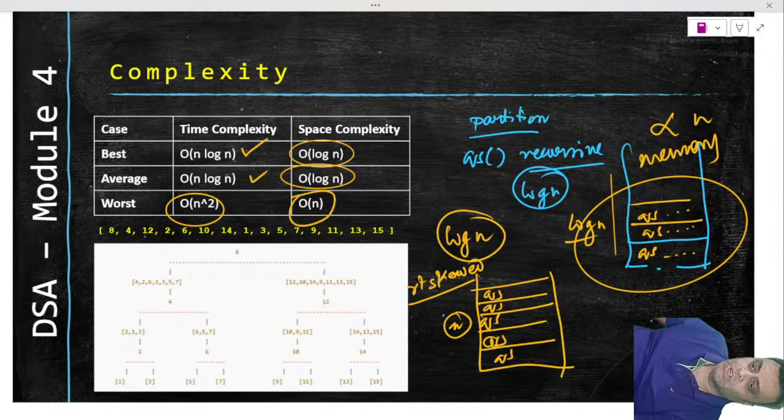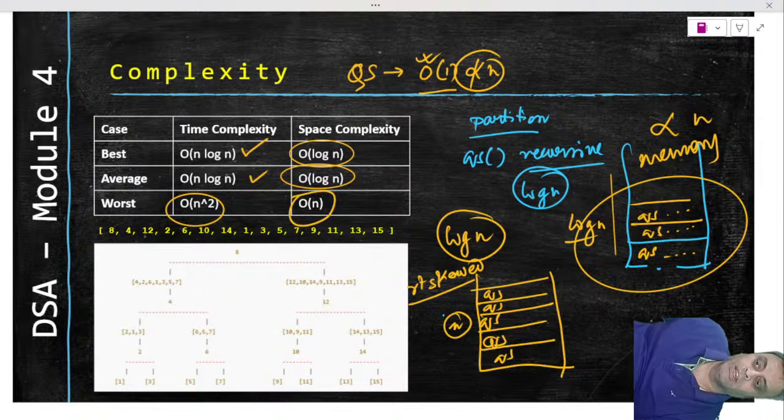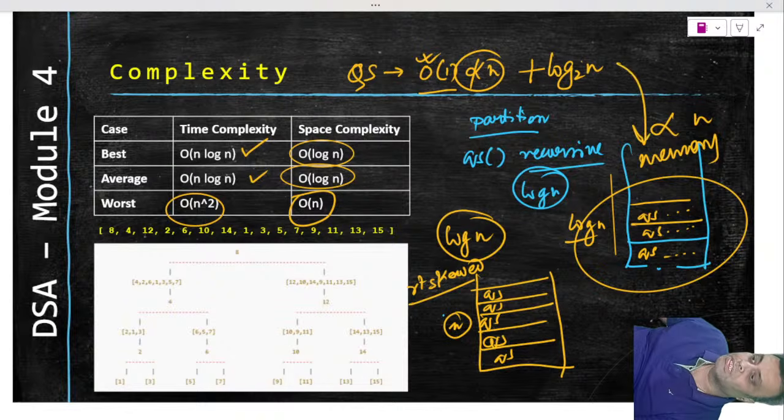So this quicksort function may be using some variables with order of complexity as one. Doesn't matter, it is not proportional to n, so it is okay to be counted as order of 1. But in addition to that, it is also using log base 2 of n for the recursion memory, and probably n for the recursion memory in the worst case scenario.